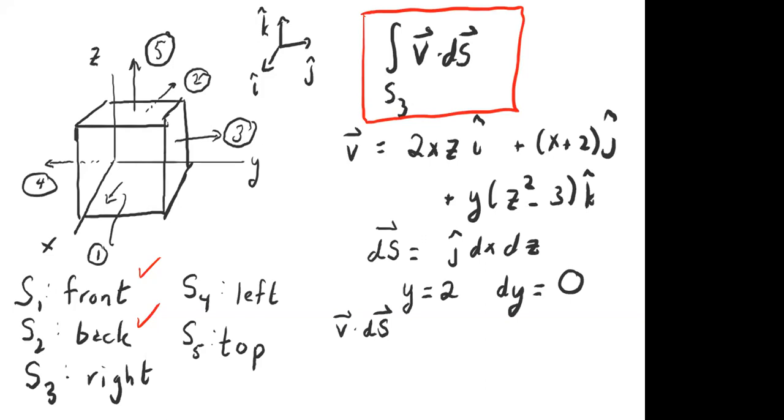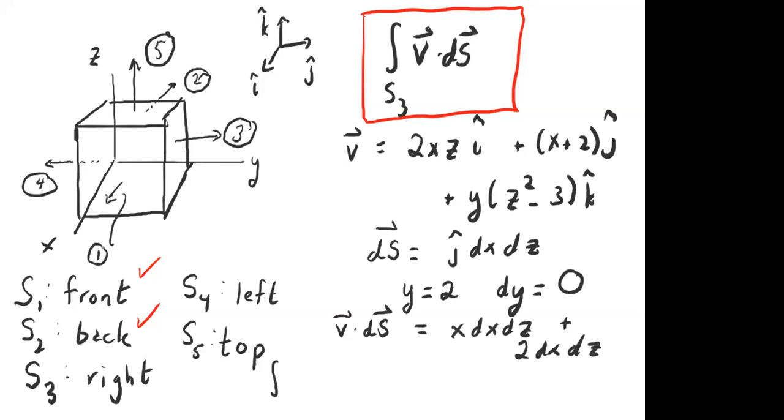That's v dot ds. Because y is 2 and dy is 0, this simplifies to, in fact, two terms, x dx dz plus 2 dx dz.